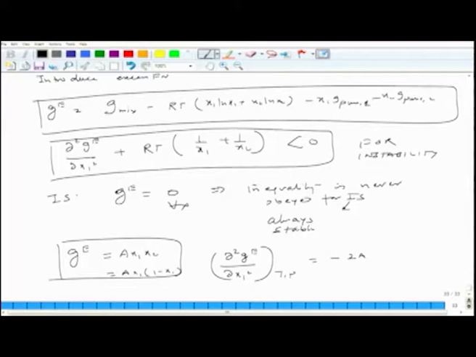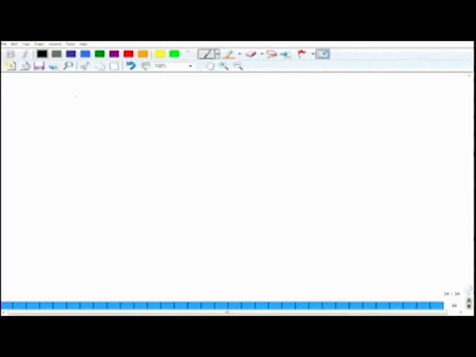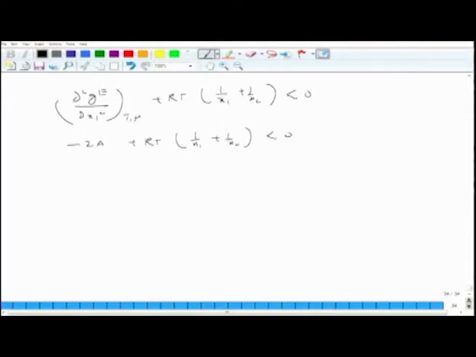Now, minus 2A plus RT, this term should be less than 0. Then this will give us a condition on A. So I can write this as minus 2A plus RT (1/x1 plus 1/x2) less than 0, or 2A greater than RT/(x1 x2).